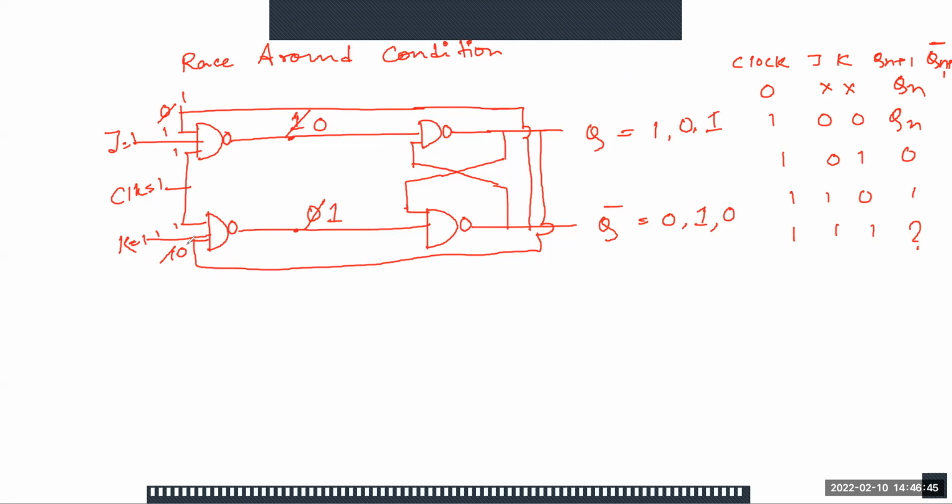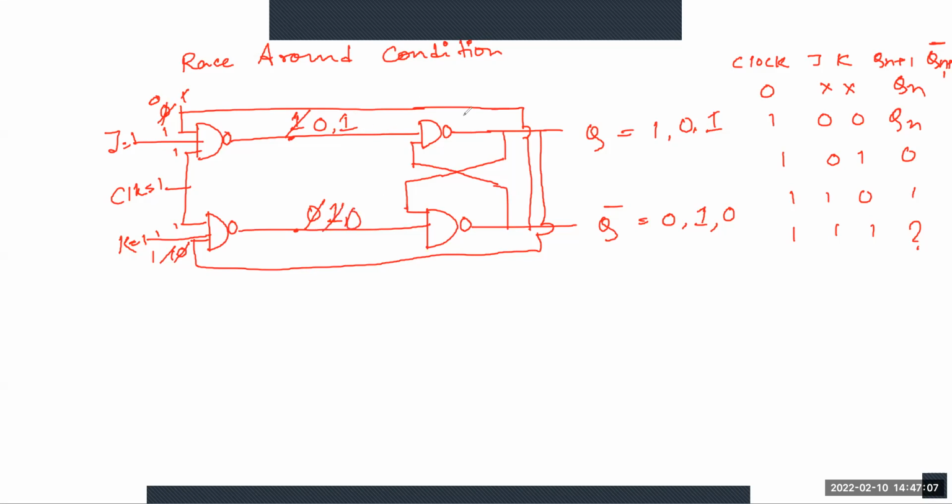So if I consider here again, at this point the value of Q is 1 and the Q bar is 0. So this is 0 now. So from this again we are getting 1 and at that point now it is 0.